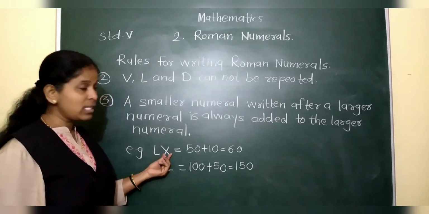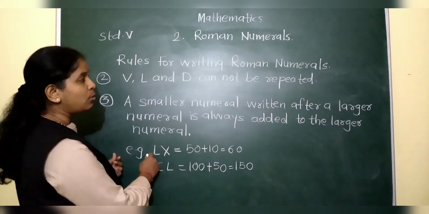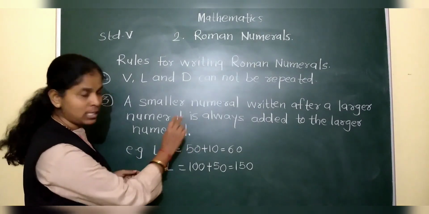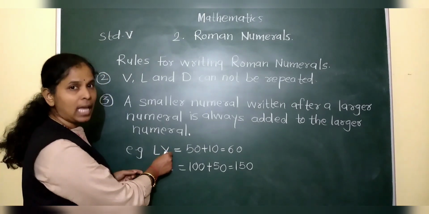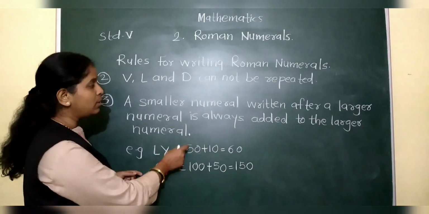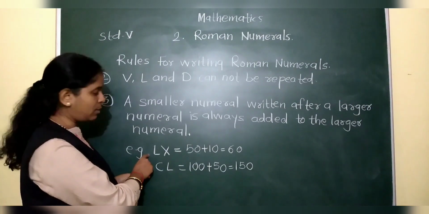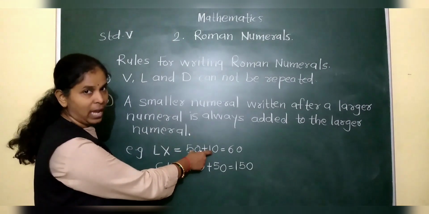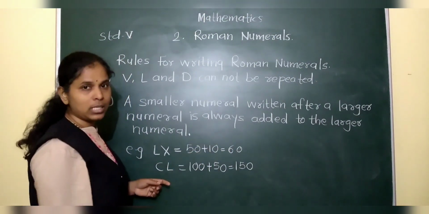X is appearing after the larger numeral, that is, on the right side. When a smaller numeral appears after a larger numeral, at that time we have to add it to the larger numeral. Means 50 plus 10 addition we have to do, and it will give 60.